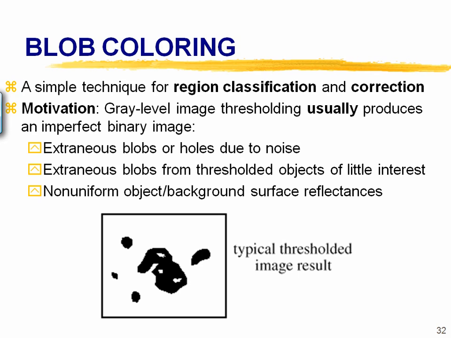The intent of doing blob coloring is to look at the black objects or binary objects present in an image and essentially label each one of them or count each one of them. Now the distinct counting of each of the objects can help in some of the processing that you may wish to do.